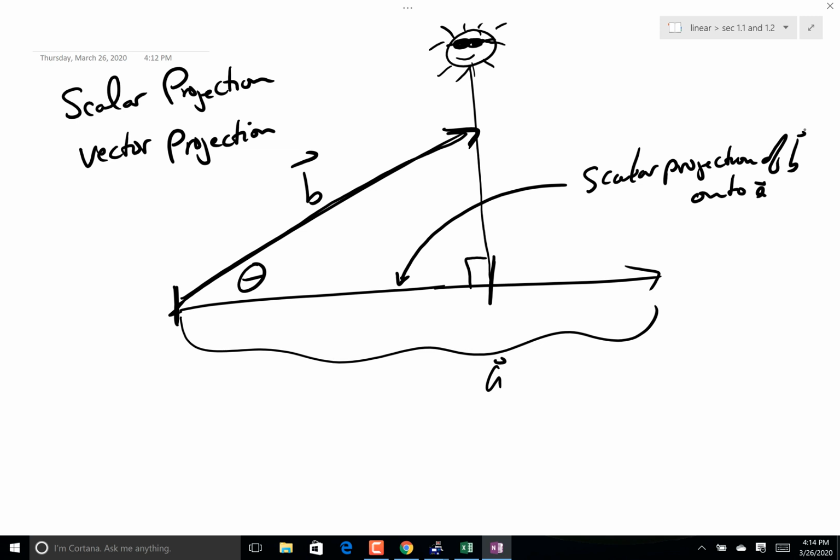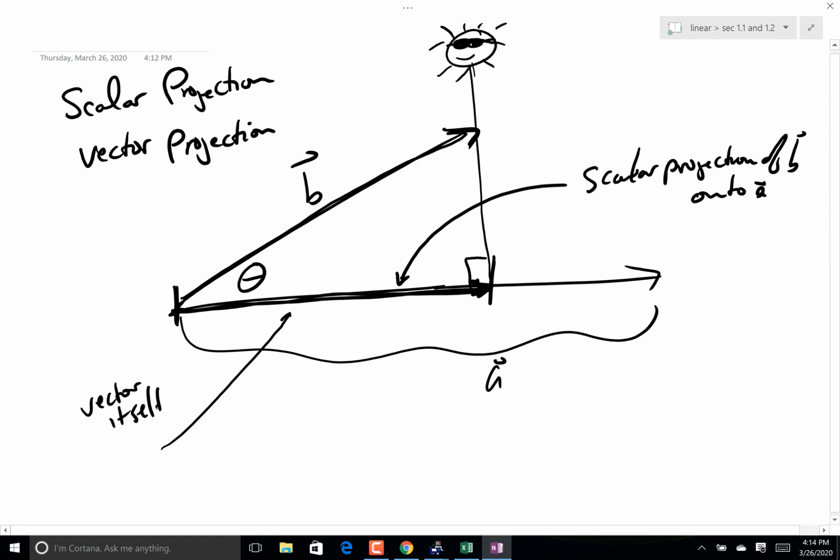And then the actual vector from here to here, not the length of the vector but the actual vector itself, is the vector projection of B onto A.